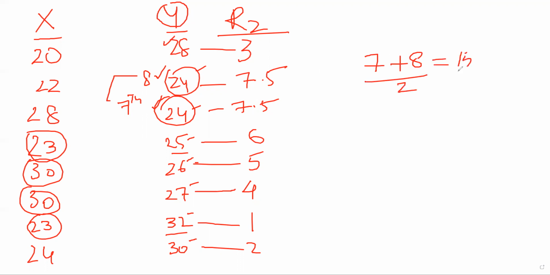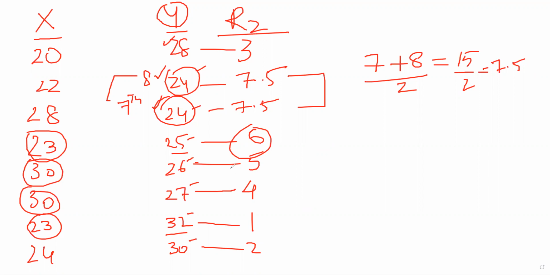This will be 15 by 2, 7.5. So I will assign both of them 7.5 instead of assigning them 7 and 8. Do you see the difference? Because both of these variables are the same, I am assigning a similar value to each by taking an average of their position numbers. I came up to 6, right? So the next numbers should be 7 and 8. That is why I'm taking 7 plus 8 by 2.